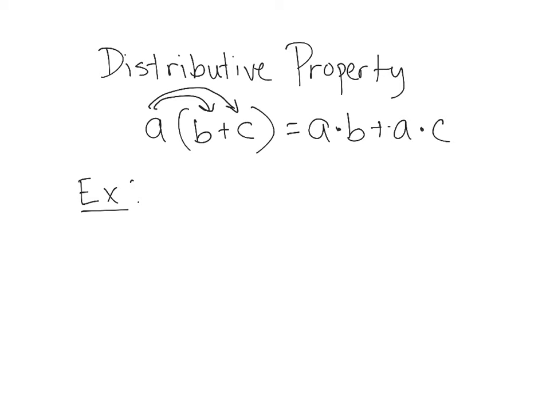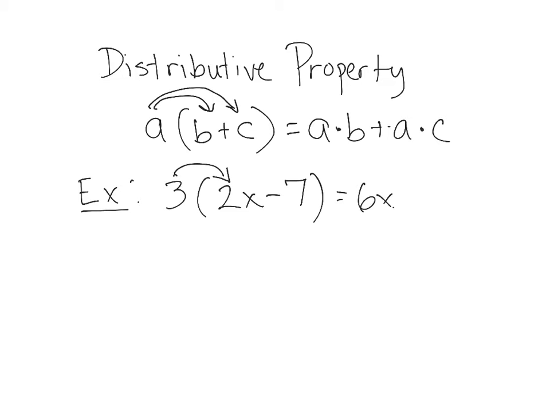My first example would be something like 3 multiplied by 2x minus 7. Now what the distributive property says is I can multiply that 3 into both parts, and when I do that, the parentheses will go away. So I multiply my first number, my A, which in this case is 3, by 2x. 3 times 2x gives me 6x. 3 times 2 makes 6, and then I have an x there.